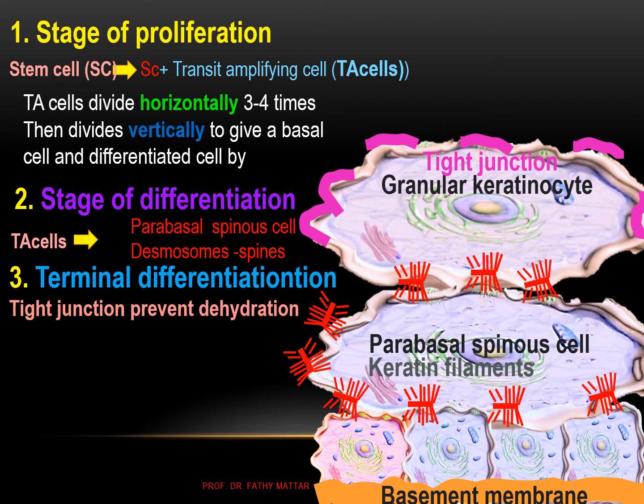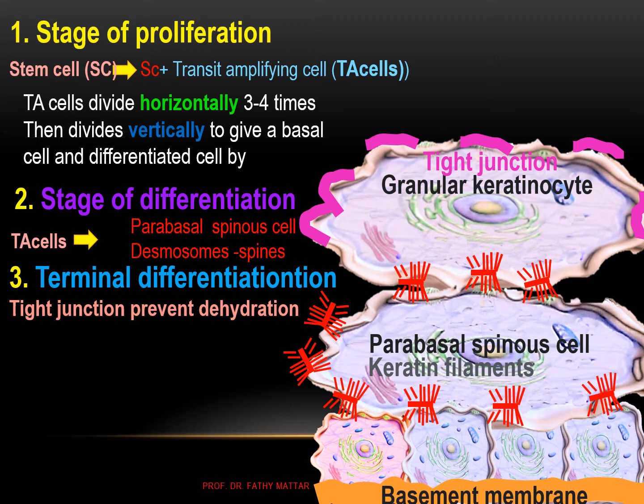These granular keratinocytes, first of all, are attached to the neighboring cells by tight junctions. As you know, tight junctions do not allow anything to pass between cells. Everything has to pass through cells only. And so it prevents the dehydration of skin by preventing water from passing from the dermis to the outside environment.